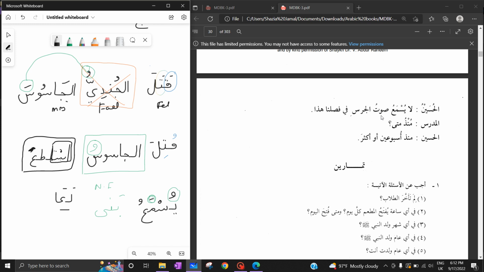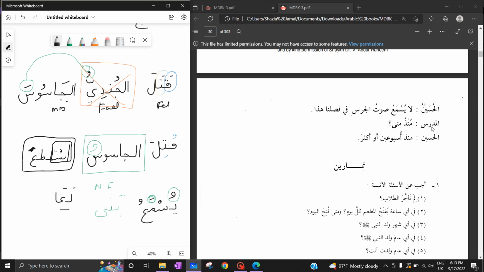Saut means voice or the sound. Al-jars, bell, the sound of the bell, means the sound of the bell is not heard. And sautu jarsi, here sautu is naibul fail, and this is in idafa construction. So the sound of the bell is not heard fi faslina haza, in this class of ours.